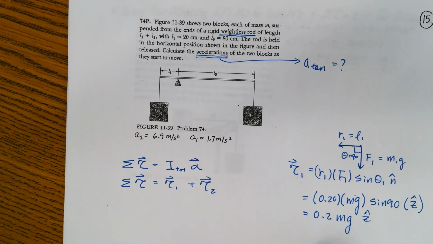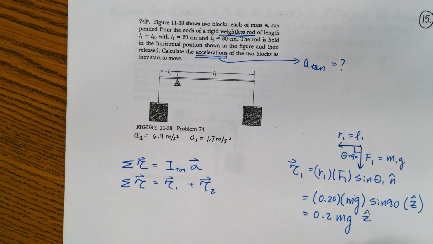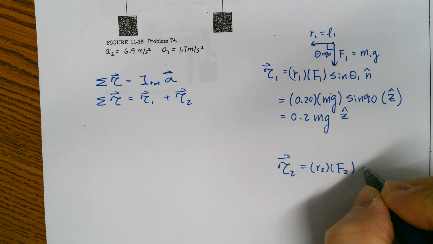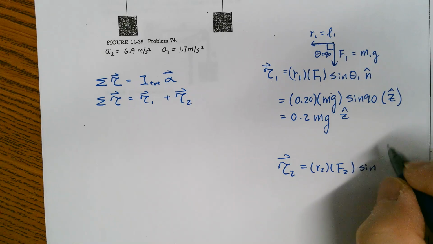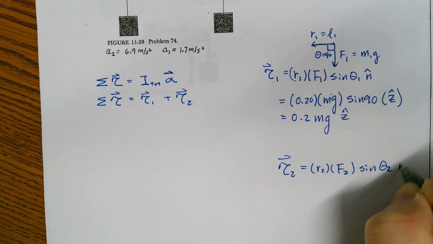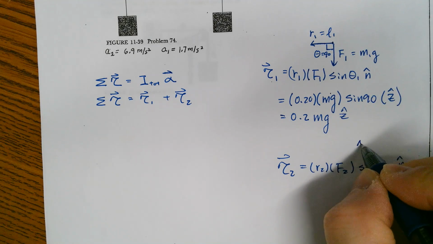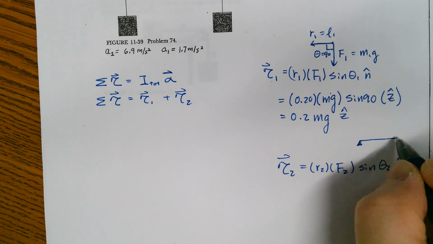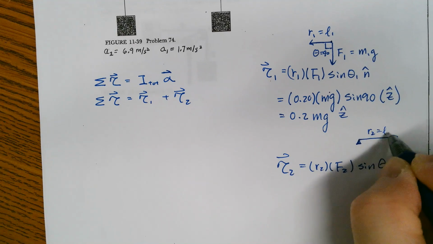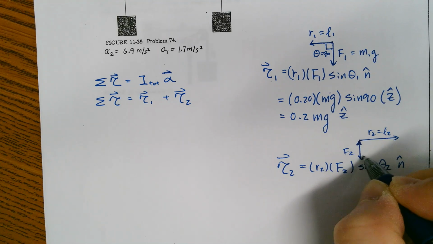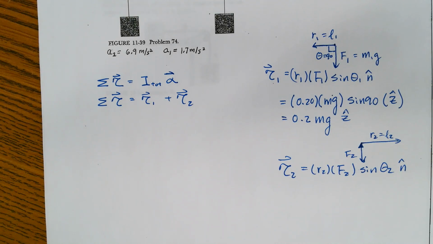What about my torque 2? Torque 2 is equal to R2 F2 times sine of theta 2 n hat. Here's my pivot point, here is my R2, which is L2, and here's my F2, which is m2g.